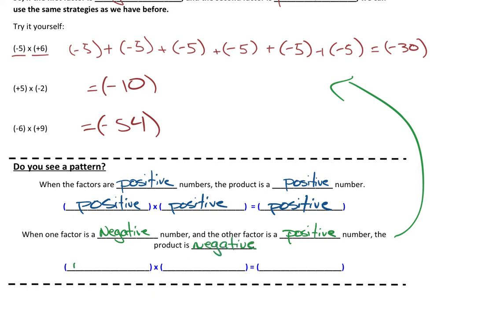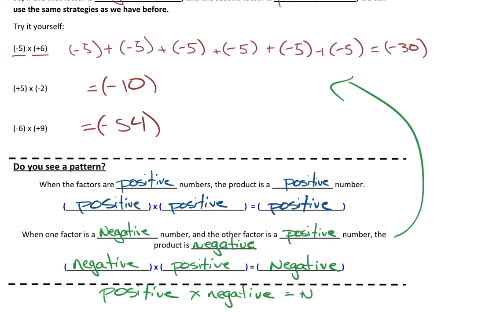Okay, so if we have a negative times a positive, we get a negative answer. And the same is true if we have a positive times a negative, because of the commutative property, where the order of the factors does not matter. As long as the symbols are opposite, so if we have a positive and a negative, then we're going to get a negative answer.